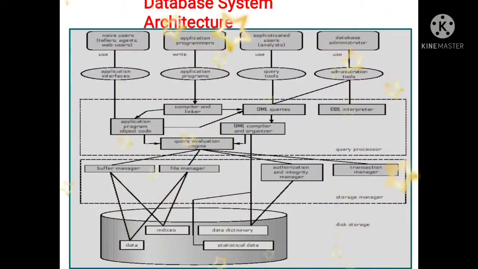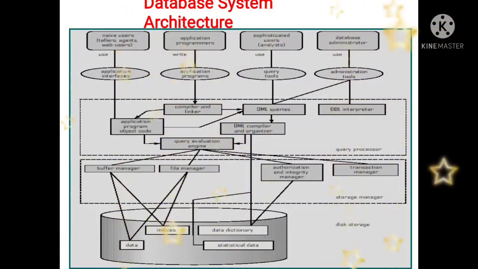In the query processor we have the DDL interpreter, DML queries, DML compiler and organizer, query evaluation engine, compiler and linker, application program and object code. The query processor helps the database system to simplify and facilitate access to data.